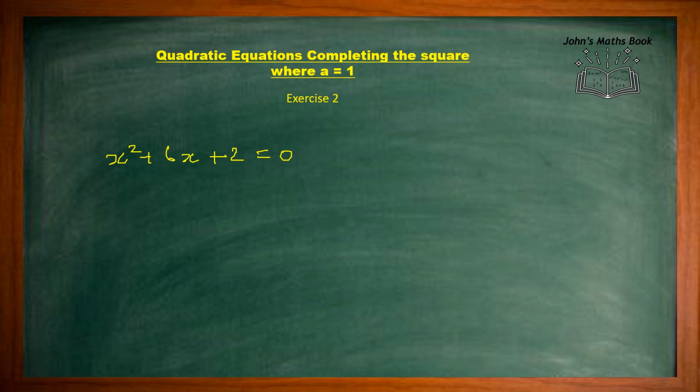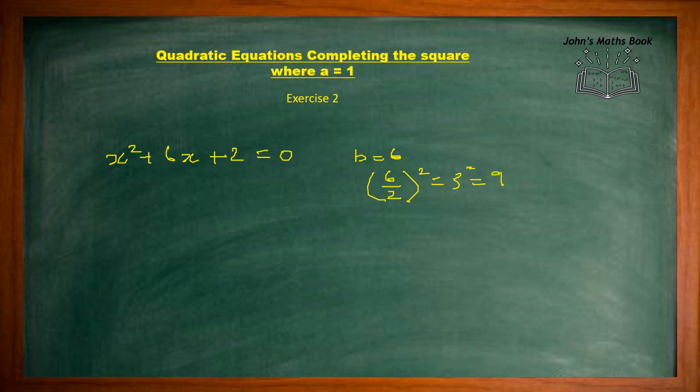So when we complete the square, we take the value of b, which is the coefficient of the x term. So in our case, b is equal to 6. We halve the value of b, so 6 divided by 2, and then we square that result. So that becomes 6 divided by 2 is 3 squared, which is equal to 9.